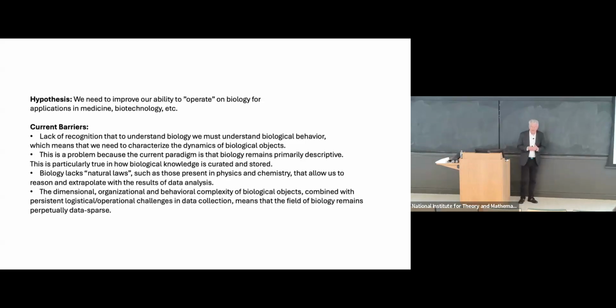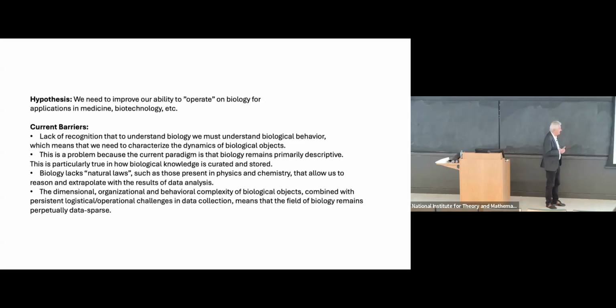And in order to do that, and in order to automate that in some way, you have to impose an organizational structure on the representations you have of biological systems, and modularity is the natural one to use. And so the hypothesis here is that we need to improve our ability to operate on biology for various applications.